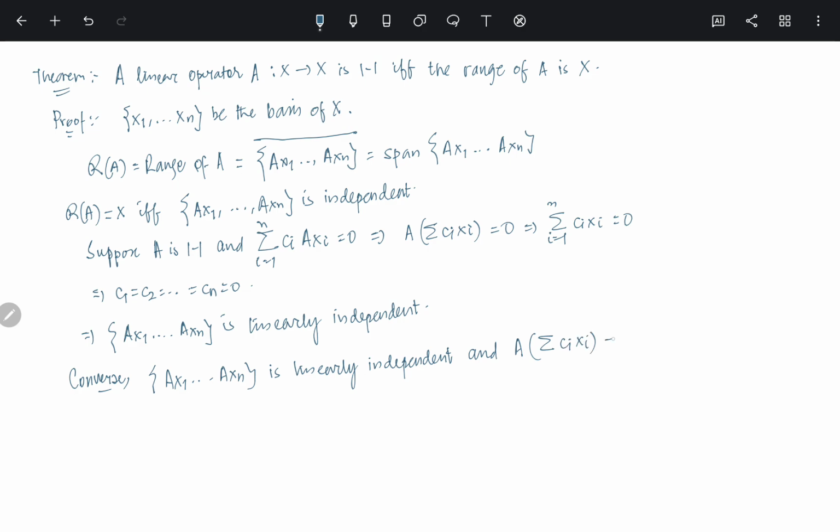I am not writing i equals 1 to n, that is implied. That will imply that the summation ci Axi is 0.